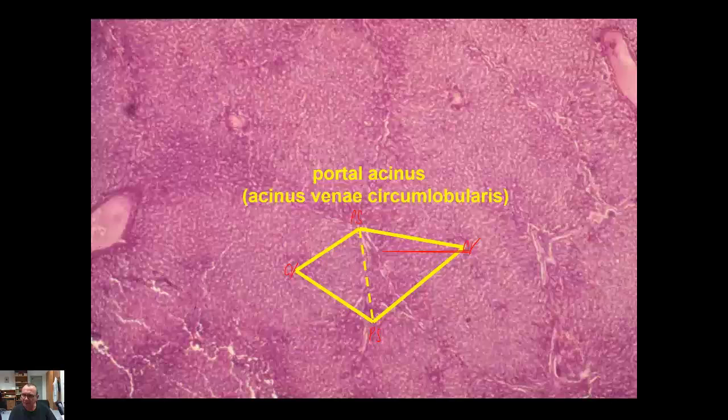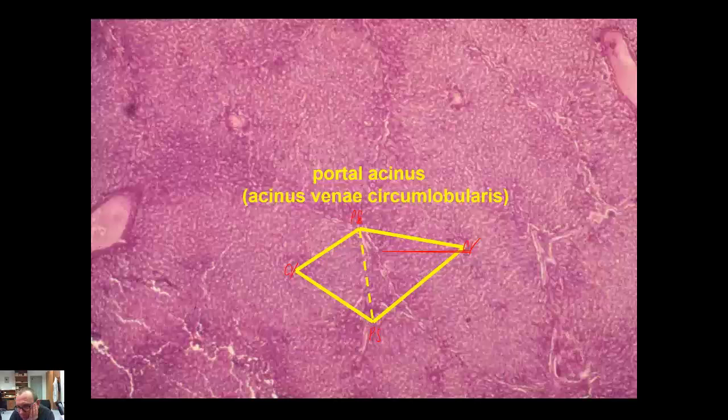In its center, or virtually in the center here, where is this dashed line, should be one circumlobular vein which is connecting to two portal spaces.